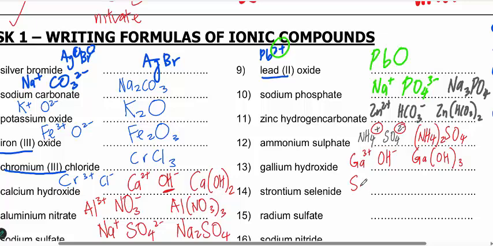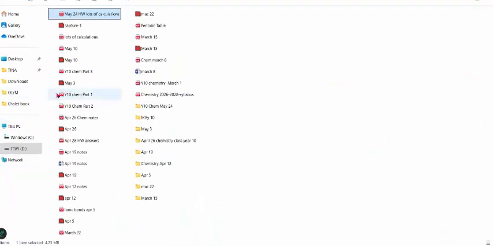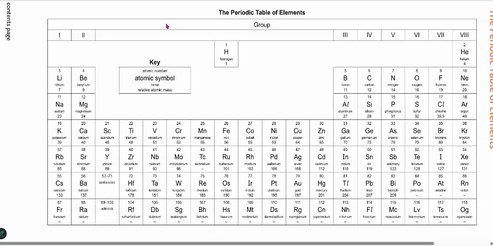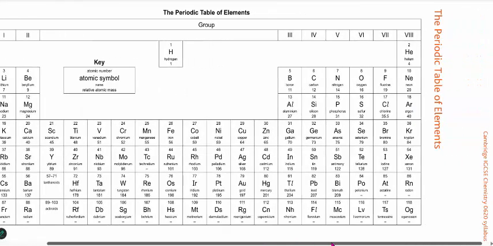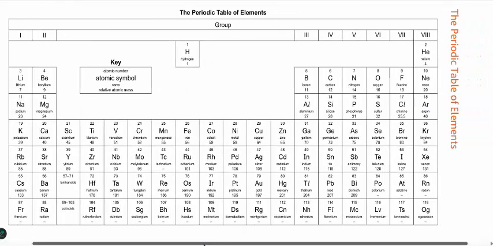Strontium is group 2. So you actually have to look at the periodic table.